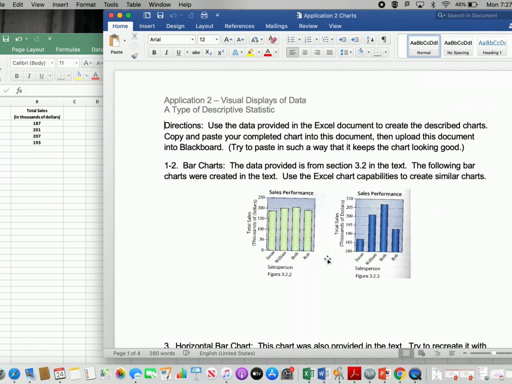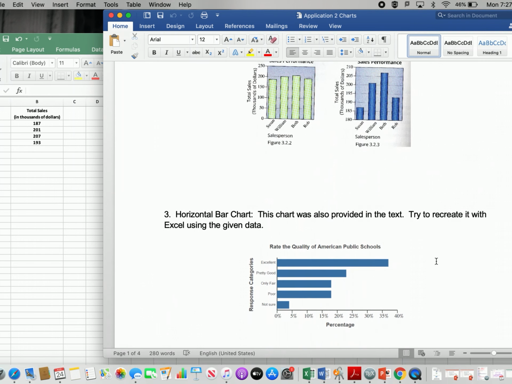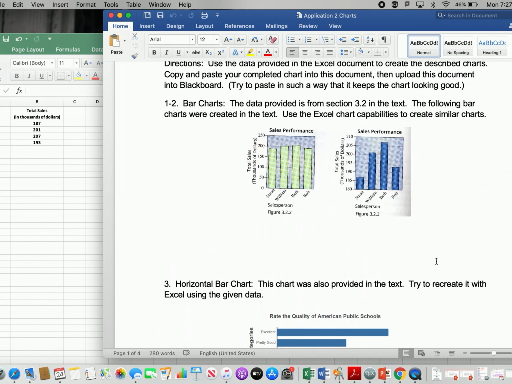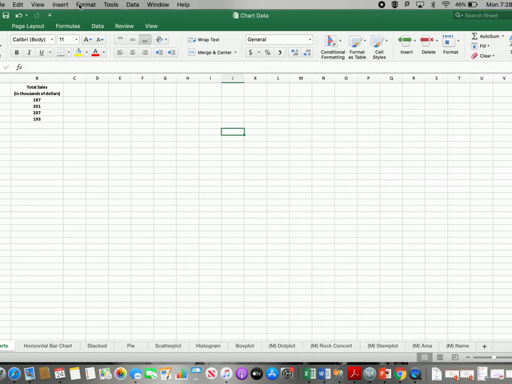So what I want you to do, for each one of these problems where it says bar chart, is go to the particular data that is under the tab bar chart. You are going to be creating a bar chart with this data. I'll do this very quickly for the first one, and then you can alter it however you need to. What you're going to do is highlight your data.